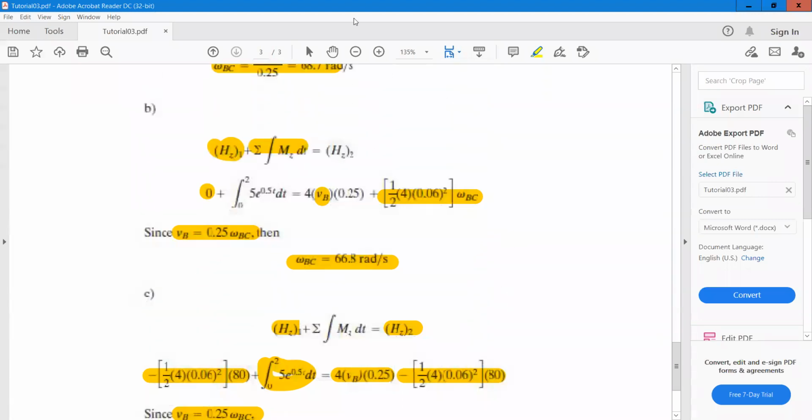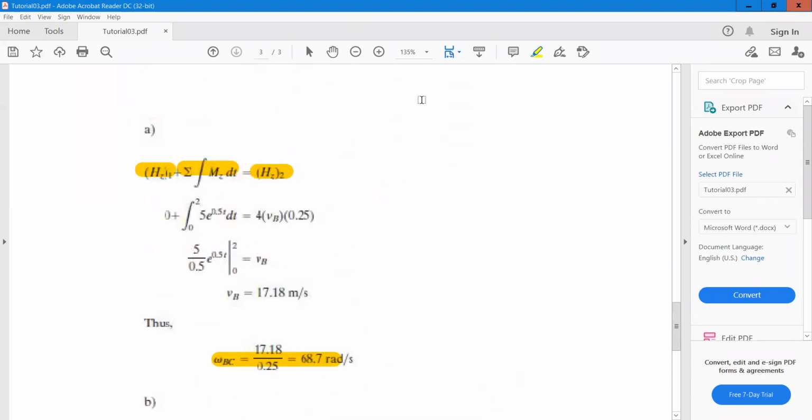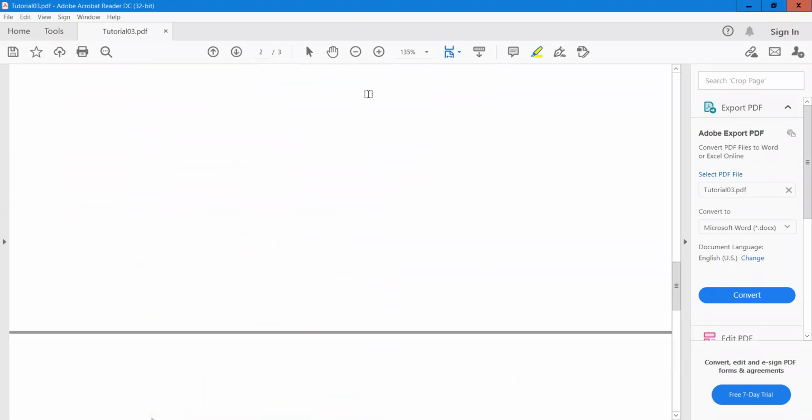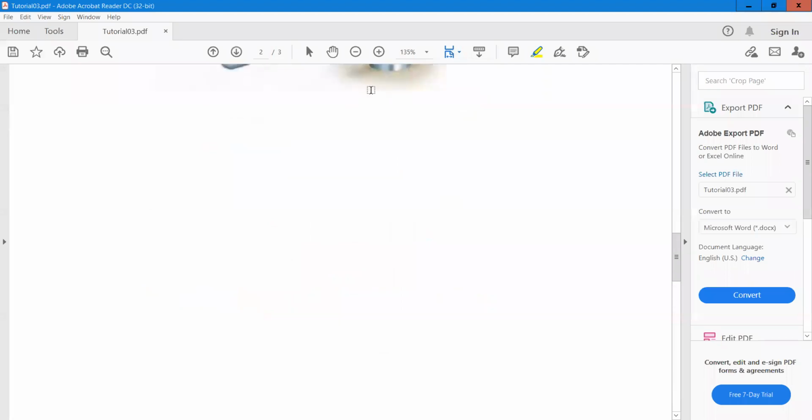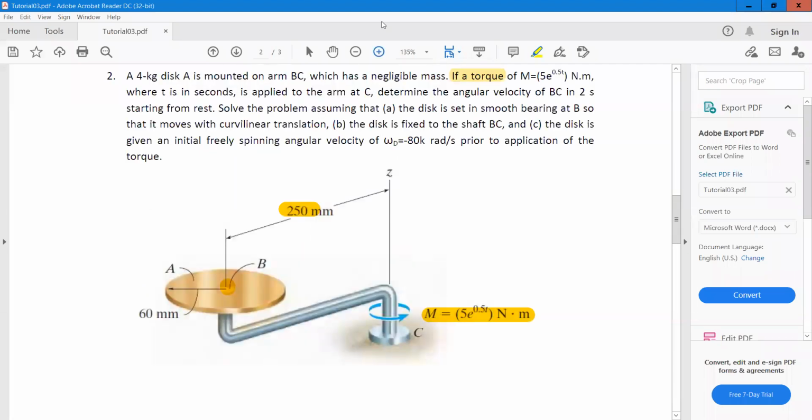Any question? Are all the parts clear? Part A, part B, which is a rigid body, and part C, where we have an angular velocity of minus 80 radian per second.